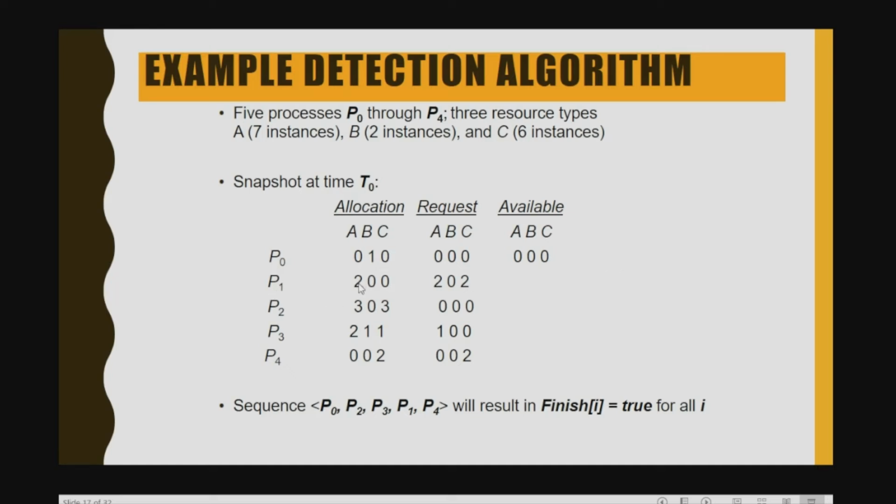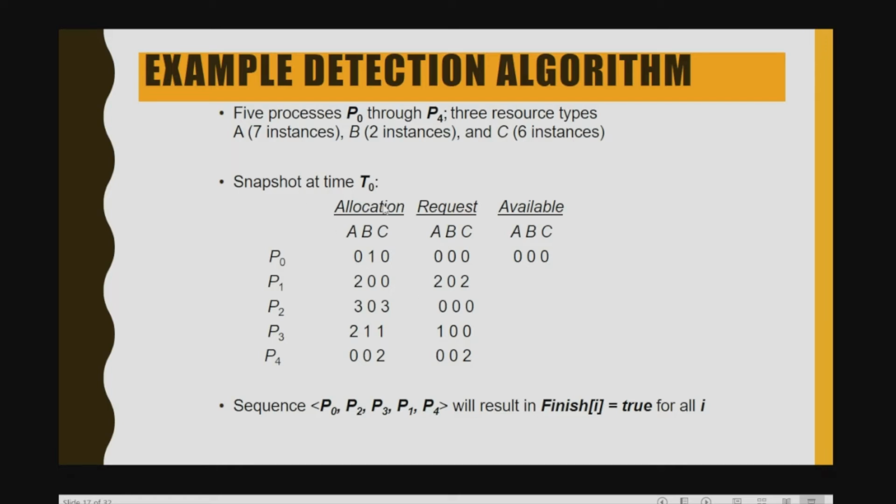Allocation is 2 from A, 0 from B, 0 from C. P1 requests 2 from A, 0 from B, 2 from C. For process 2, the allocation is 3 from A, 0 from B, and 3 from C. For request, 0 from A, 0 from B, and 0 from C. For process 3, 2 from A, 1 from B, 1 from C, and request 1 from A, 0 from B and C. For process 4, the allocation is 0 for A and B, and 2 for C, and then the request is 0 from A and B, and 2 from C.